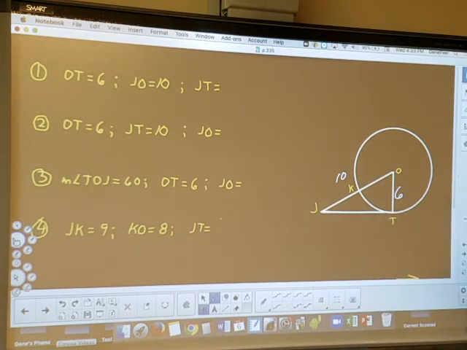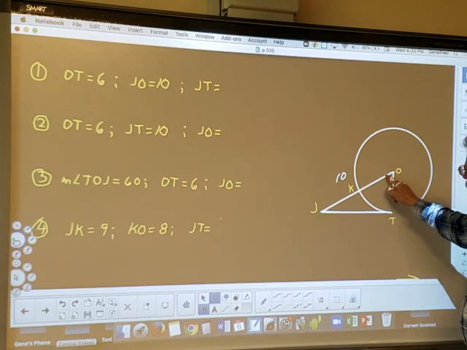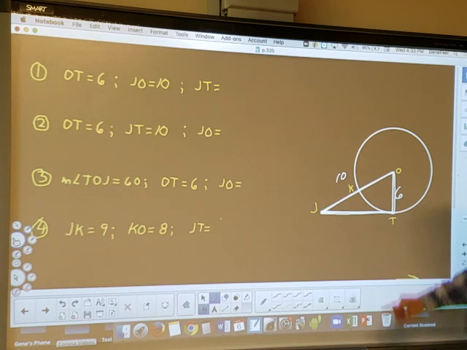Well, one might say, that's kind of obvious, isn't it? Well, it's only obvious if we know this is a right triangle. No one told us that was a right triangle.